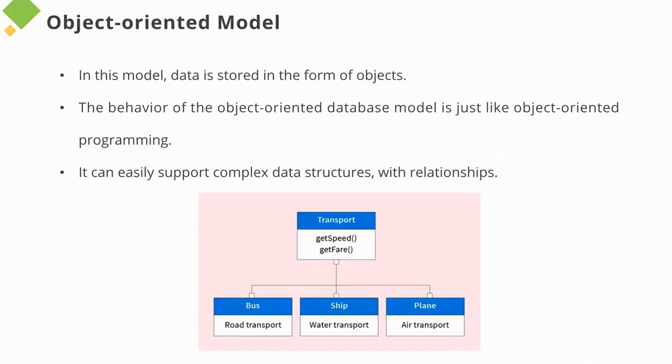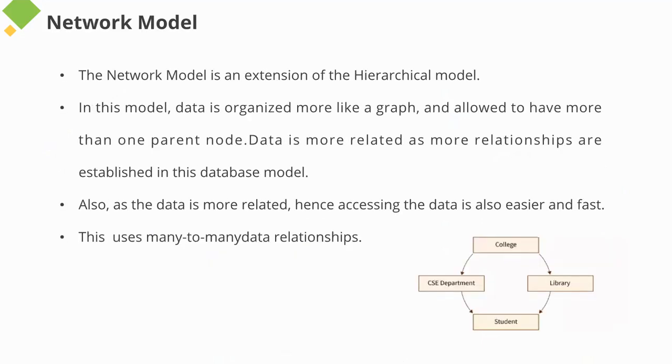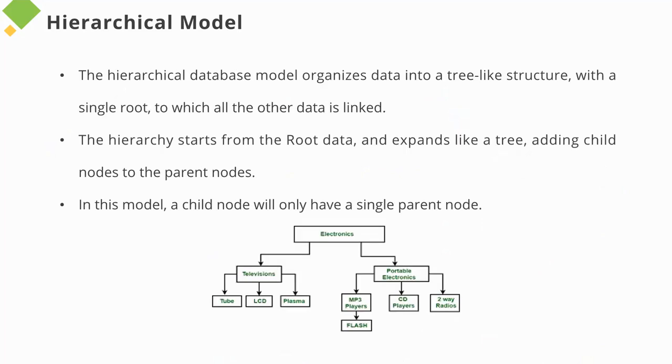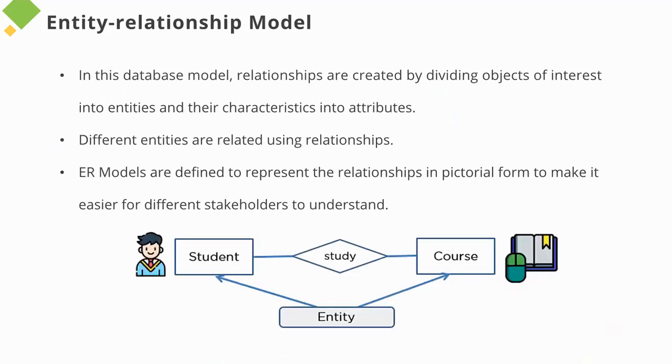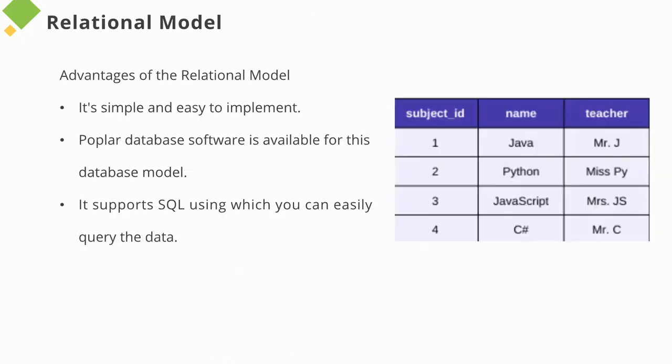these 7 models. Let me give a recap of all these models. Hierarchical model, where we have a tree like structure, and network model, which is the same but supports many to many, which is the difference from the hierarchical model. ER model, where we have entities and attributes represented in a pictorial representation. And relational model, where the data is stored in rows and columns.